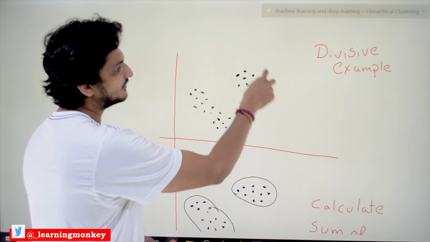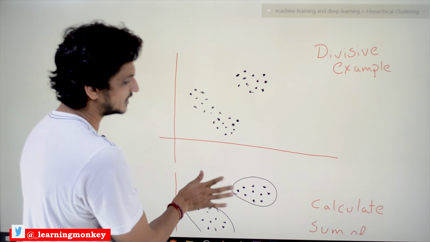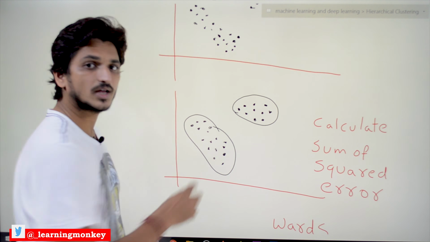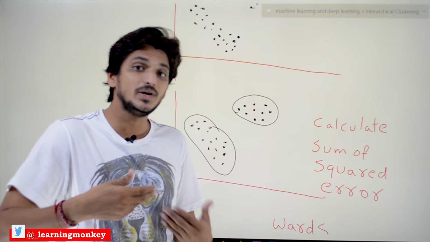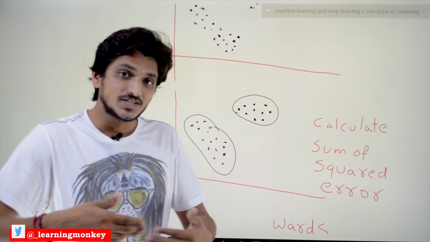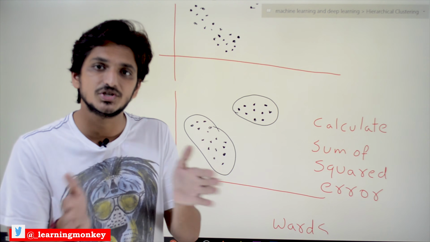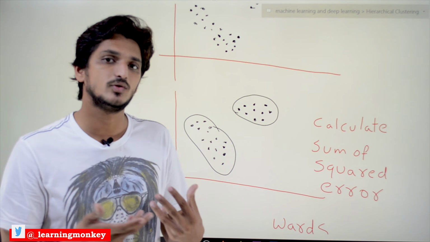In our next classes we will discuss Ward's method, and the difficulty here is, let's take an example. Here we identified this as one cluster and this as one cluster. Now we have to repeat this process. In our next iteration, which cluster do we consider for division?